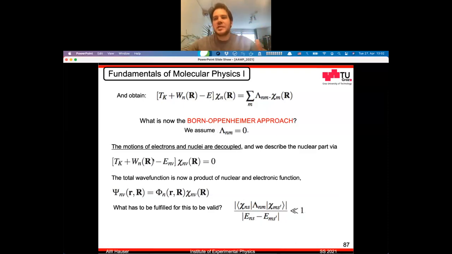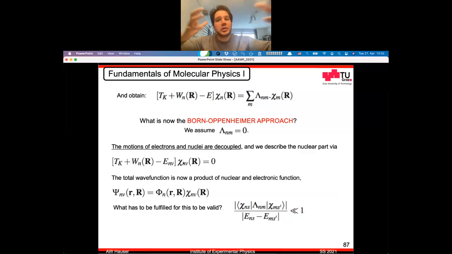So this introduces something like a potential that our nuclei feel while vibrating, basically, okay? So our chi is the nuclear wave function and is the result of solving the nuclear Schrödinger equation in the potential created by the presence of the electrons.